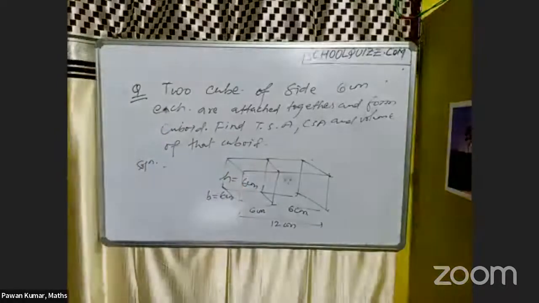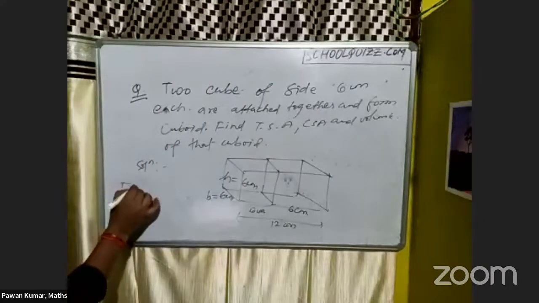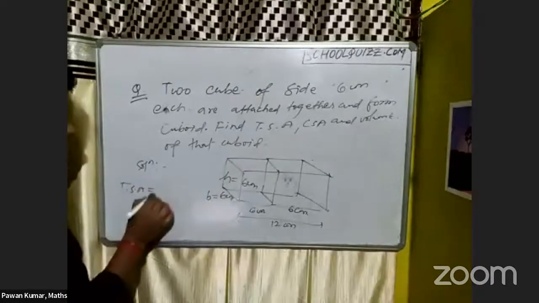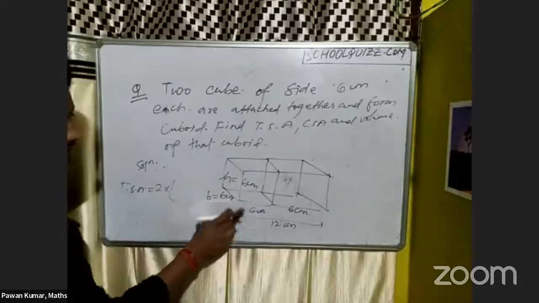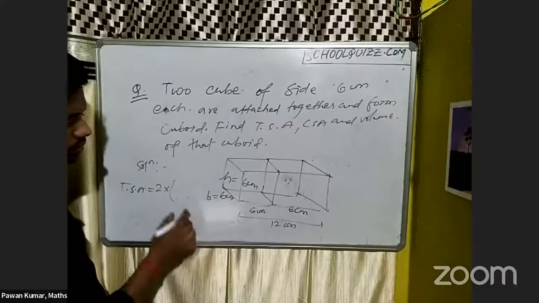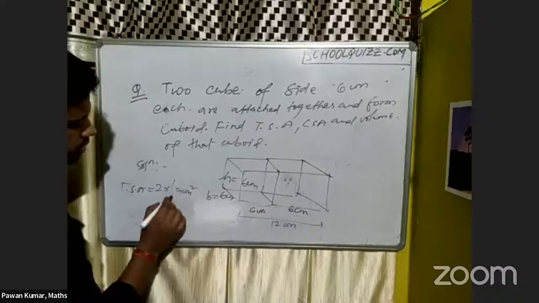Correct. So now what is the TSA? TSA is 2 into 6 into 12, 72 centimeters square.